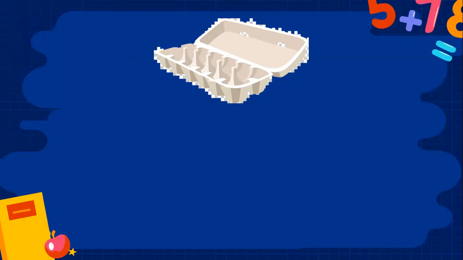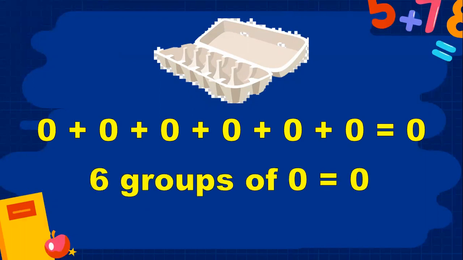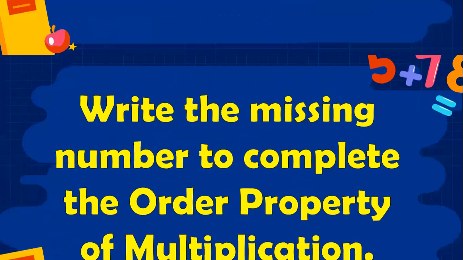There are no eggs on the tray. 0 plus 0 plus 0 plus 0 plus 0 plus 0 is equal to 0. This is 6 groups of 0. 6 times 0 is equal to 0. Again, this is zero property of multiplication. We conclude that any number multiplied by 0, the product is always 0.